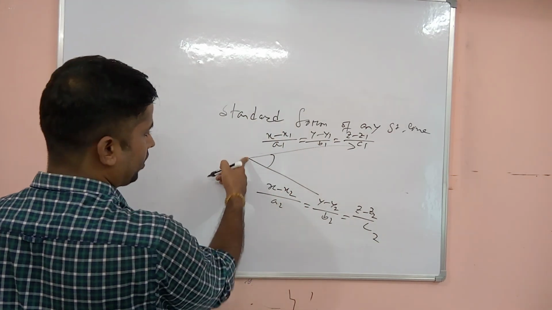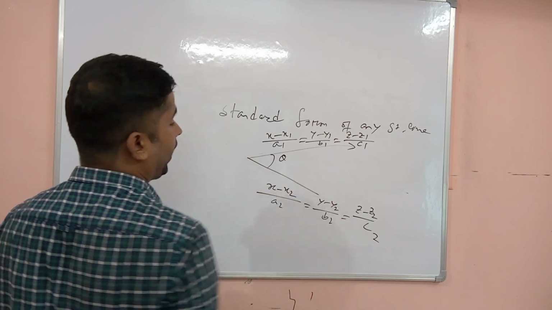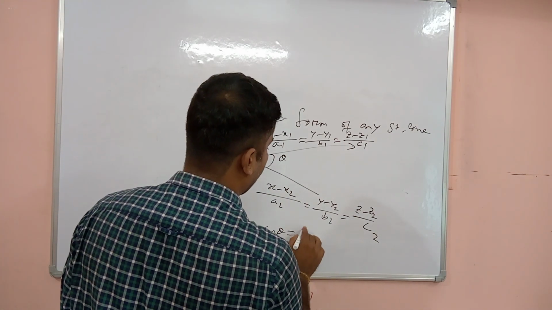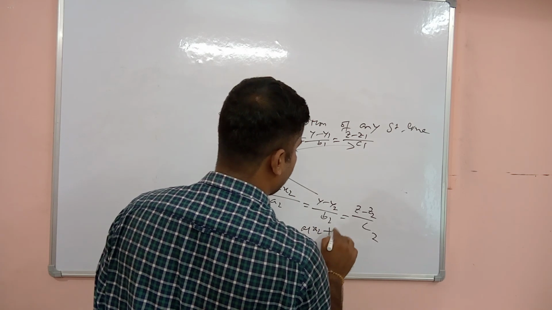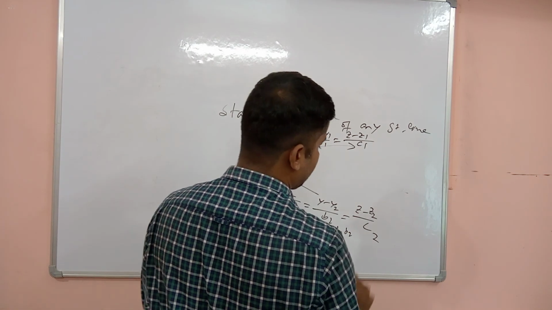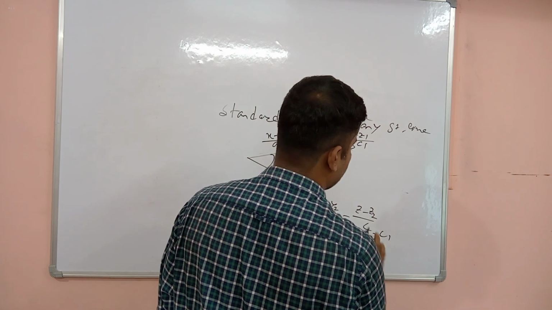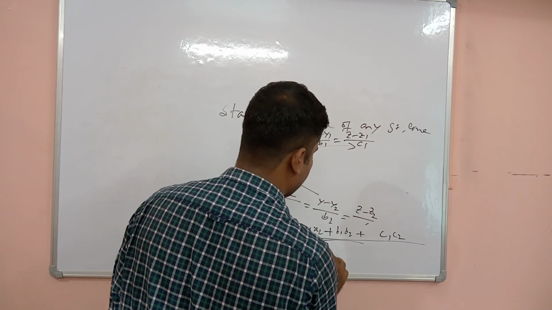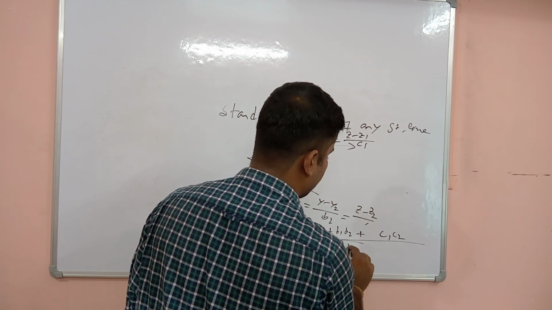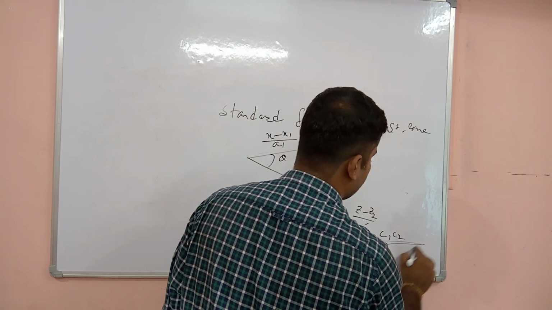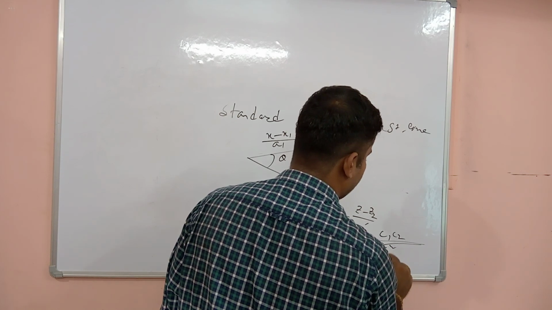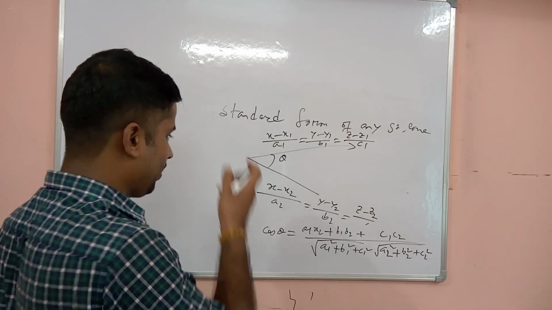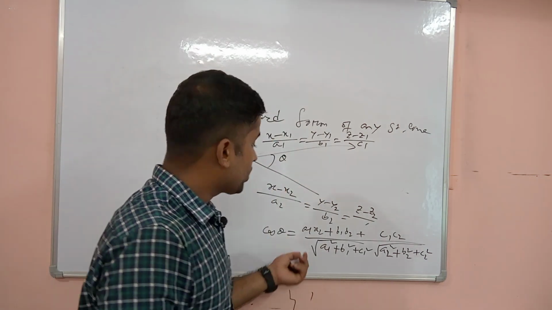They intersect at a point and the angle between them is theta, then cos theta would be a1 a2 plus b1 b2 plus c1 c2 divided by root over a1 square plus b1 square plus c1 square into root over a2 square plus b2 square plus c2 square. Okay, but there are two special cases.